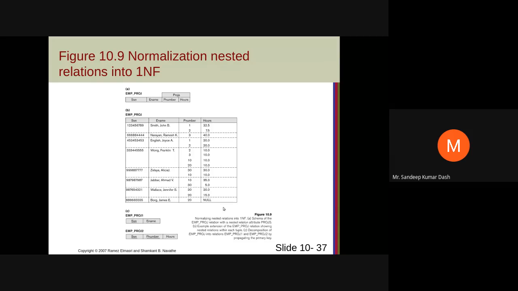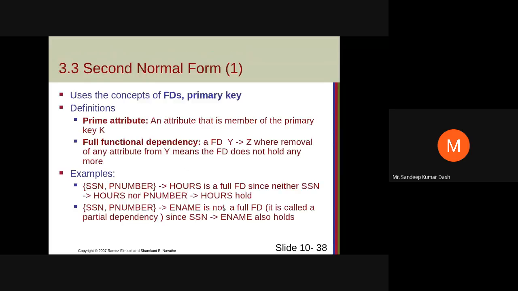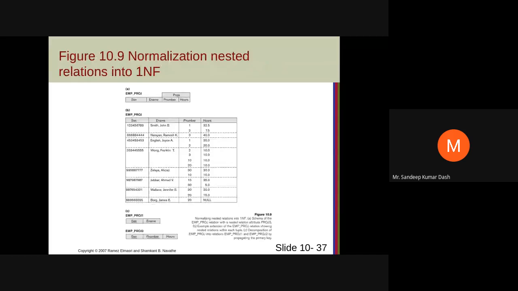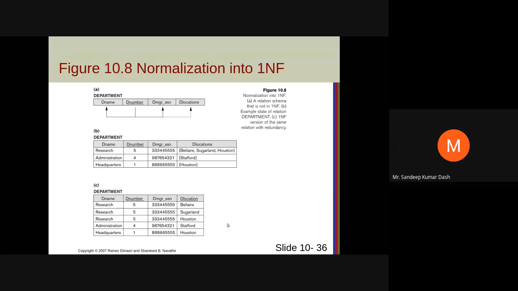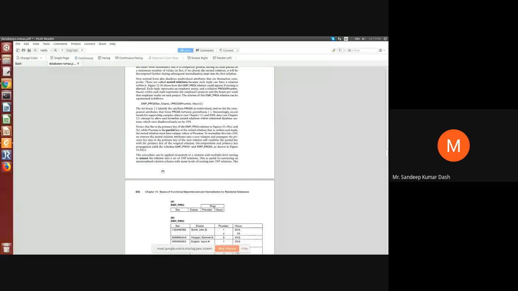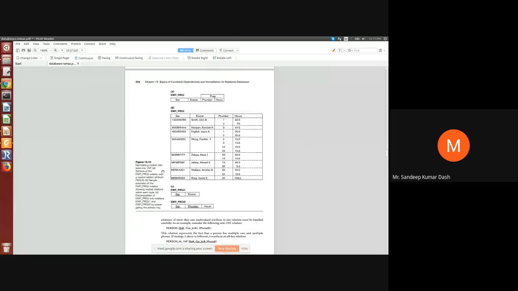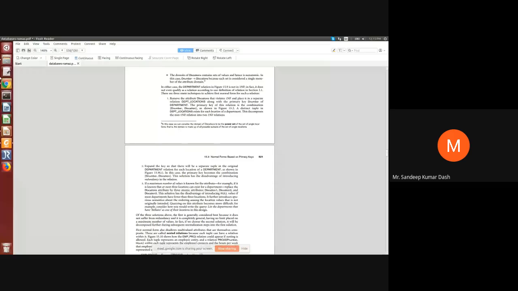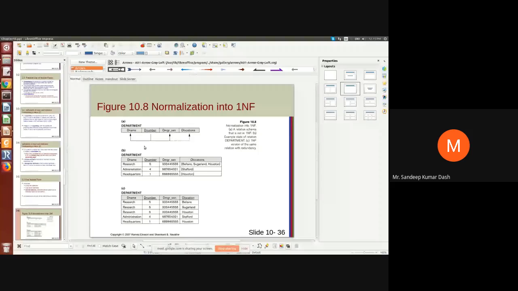There is another solution also, it is not mentioned here. I can write it like this. No, it's not mentioned here. Okay, fine. There is another solution to this.